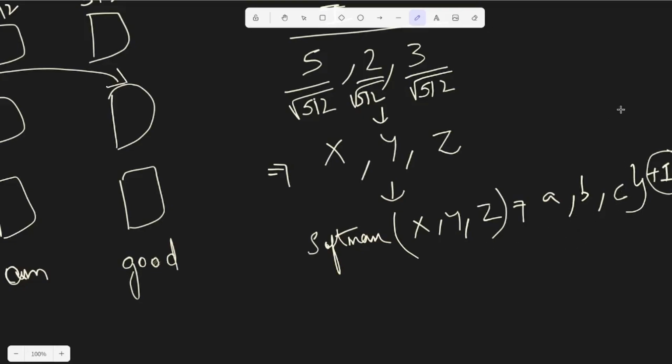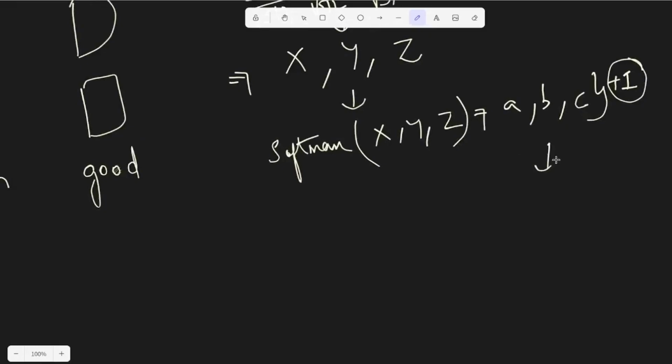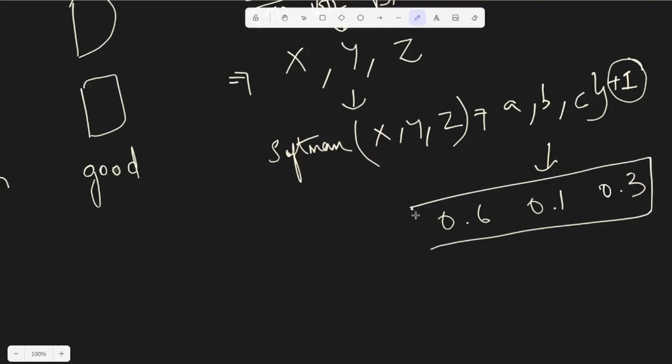Out of 100% we have values of how much each of these vectors make up. Let's assume these values are somewhat like 0.6, 0.1, and 0.3, because these have to add up to 1. That's the property when you pass it into a softmax function.